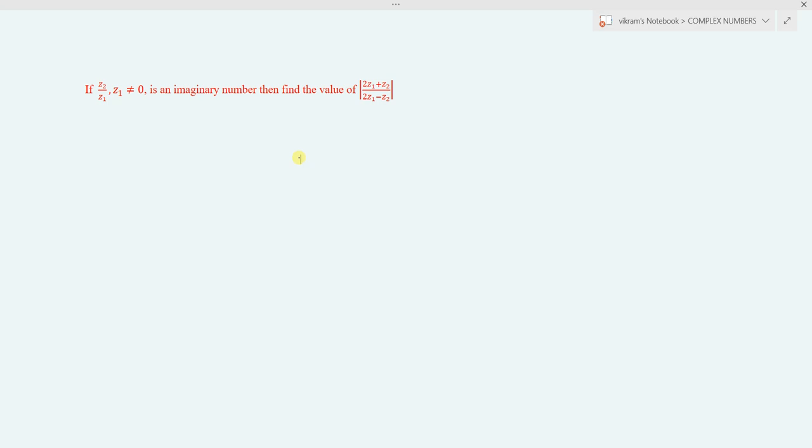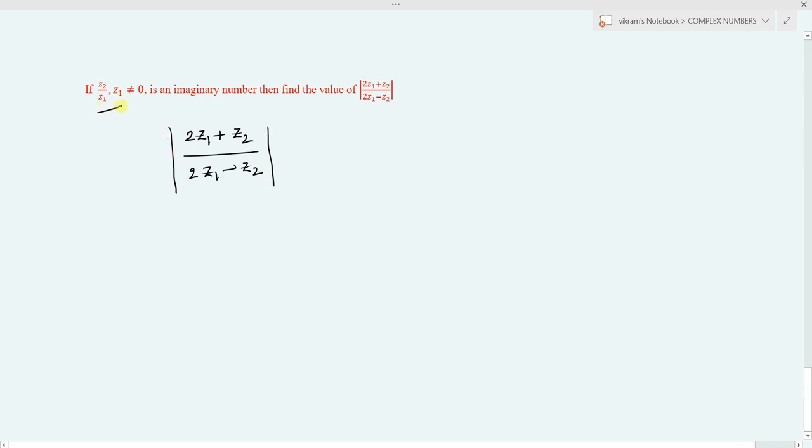But he has given the condition on z2 by z1, so this condition has to be used here.